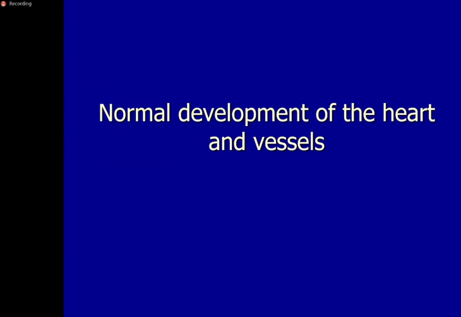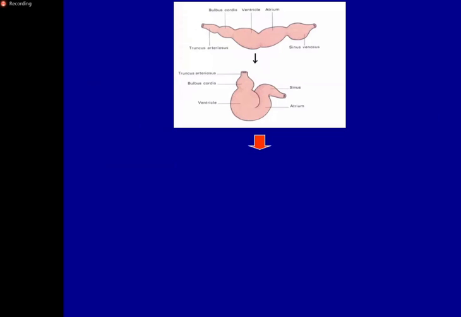So when we recap the normal development of the heart, you know that there is a tube which has indentation, then it folds on its own. The two main ends of that tube will become, one end the venous end, the other the arterial end.